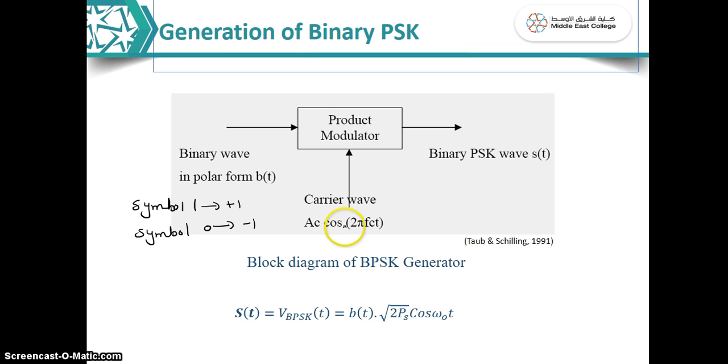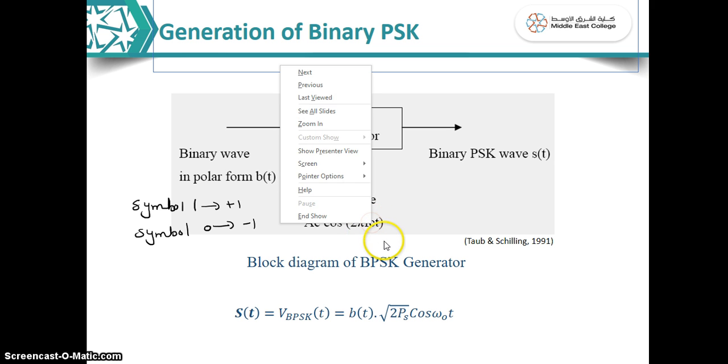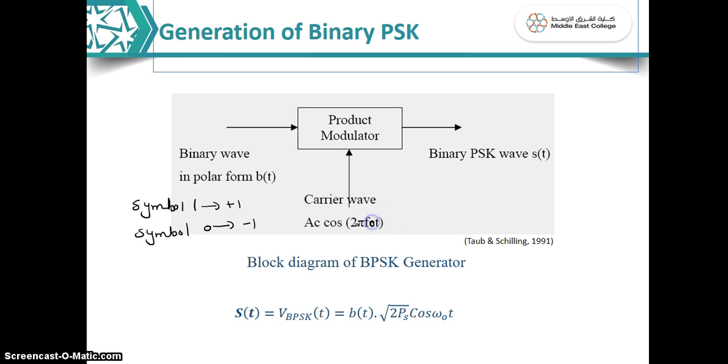There, b(t) is multiplied with the carrier wave. The carrier wave is nothing but Ac cos 2 pi f0 t, where I write omega 0 as 2 pi f0. So your output will be b(t) multiplied by Ac cos 2 pi f0 t, which is your final transmitted signal of BPSK.